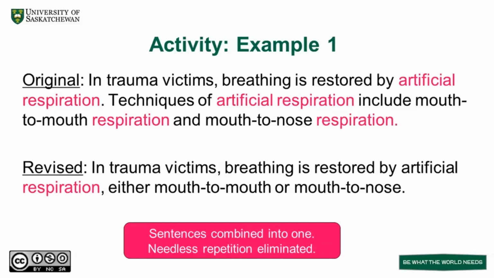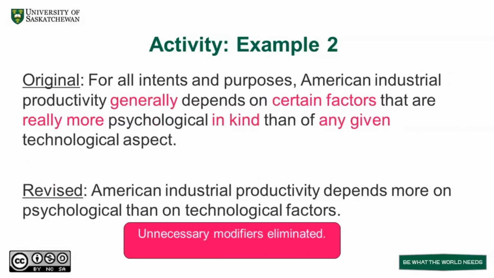Let's take a look at the next one as we wrap up. So the original reads as follows: for all intents and purposes, American industrial productivity generally depends on certain factors that are really more psychological in kind than of any given technological aspect. Even reading that sentence, I was getting out of breath. It's very jargony.